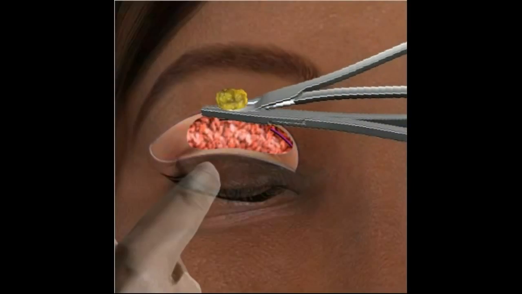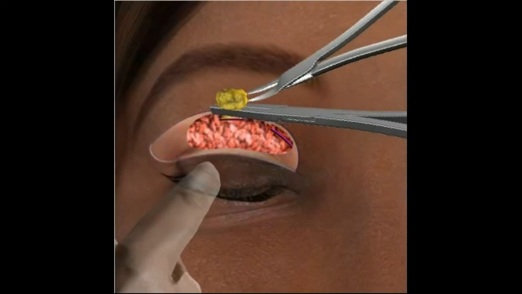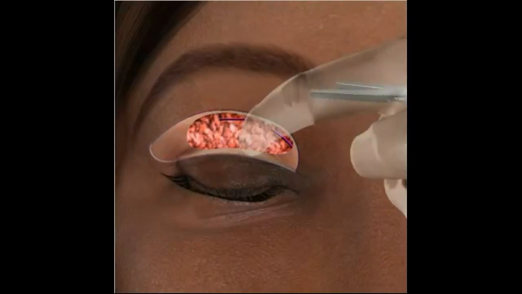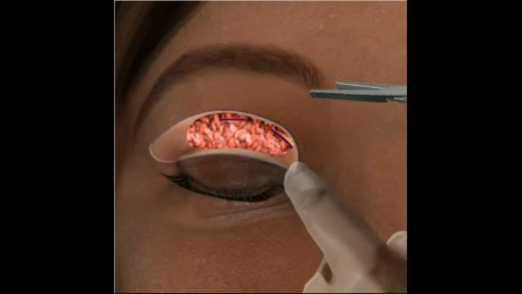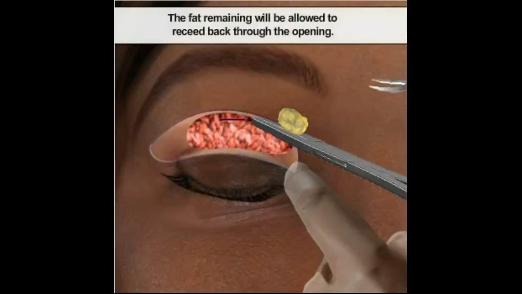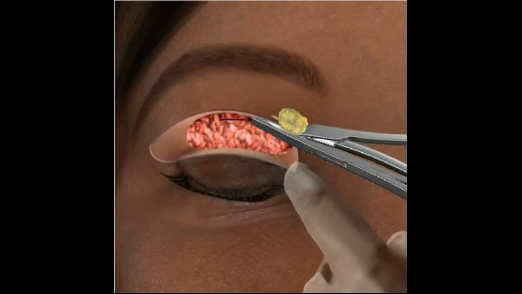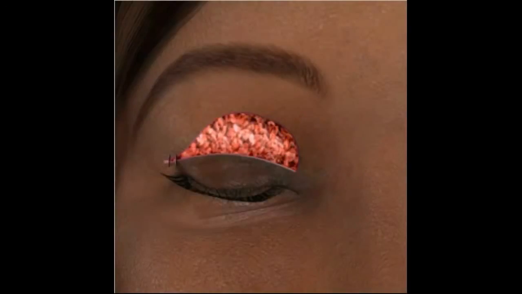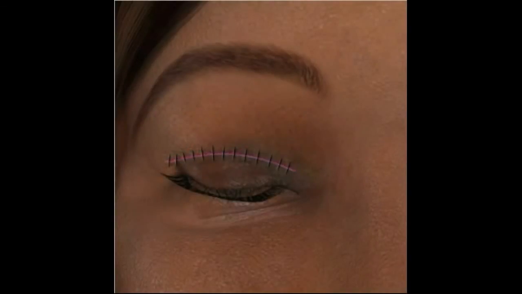Using a series of instruments, the physician will remove a portion of each fat deposit to reduce the puffy appearance in the upper eyelid. The portion remaining will be allowed to recede back through the opening. After sculpting the fat deposits, the physician will close the incisions with non-absorbable or absorbable sutures.